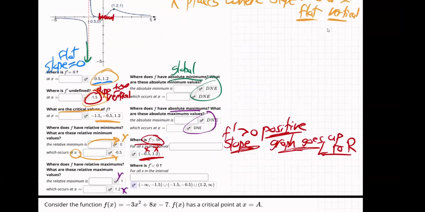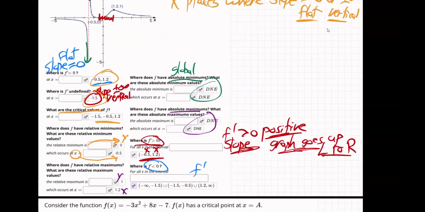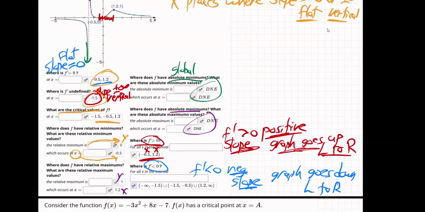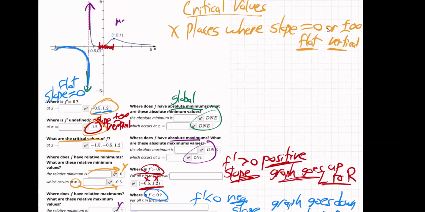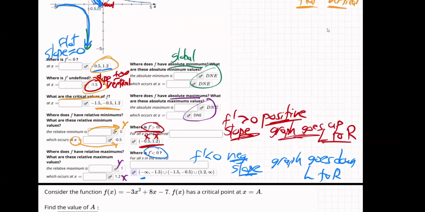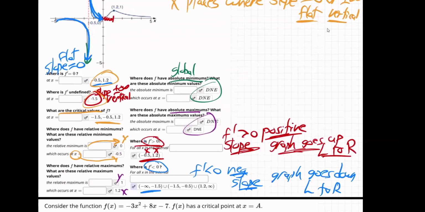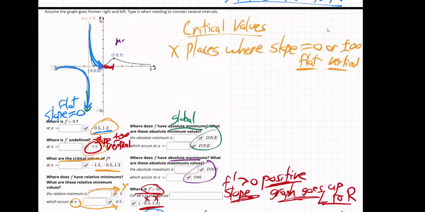Okay, now, where's the first derivative negative? So f prime less than 0, negative. That means the slope is negative, and that means the graph goes down, left to right. Where's it going down, left to right? Well, all of this is going down. So left to right, that's going down. So we're going to say, okay, from negative infinity up to negative 1.5, right?